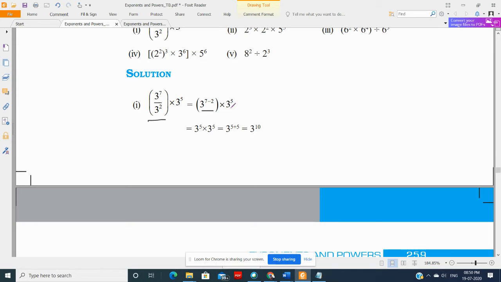The answer of this is 3 raised to 5, and this will be again same. Now you can see that bases are same, so powers will be added. So 3 will be same and 5 plus 5 is 10. So your answer is 3 raised to 10.